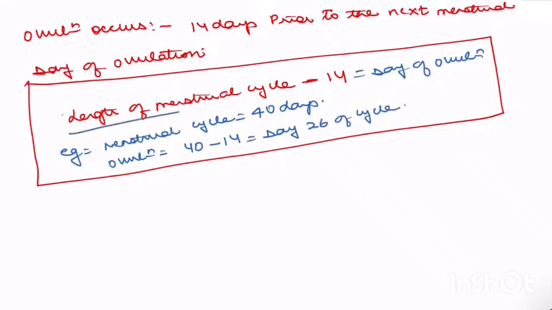So from the length of menstrual cycle, you will subtract 14 and you will get the day of ovulation. Very, very important question. Clear? Next question.